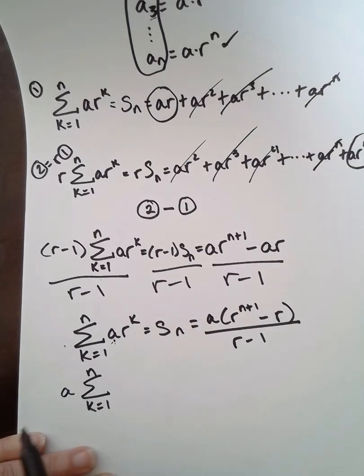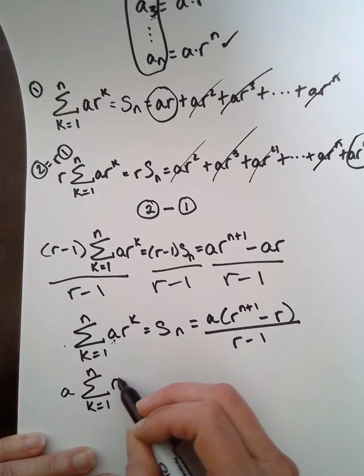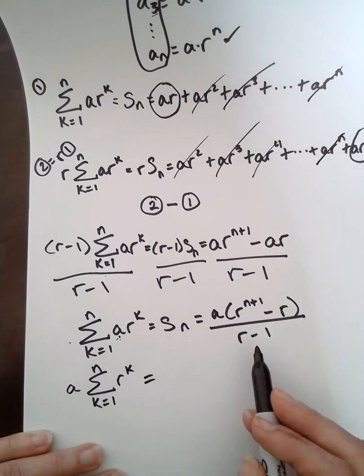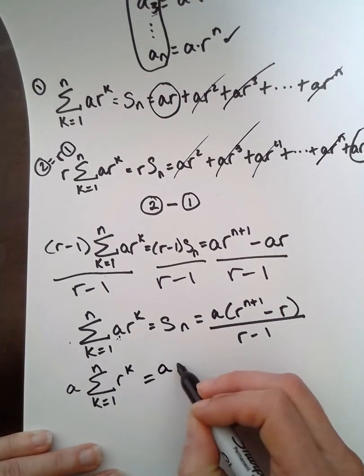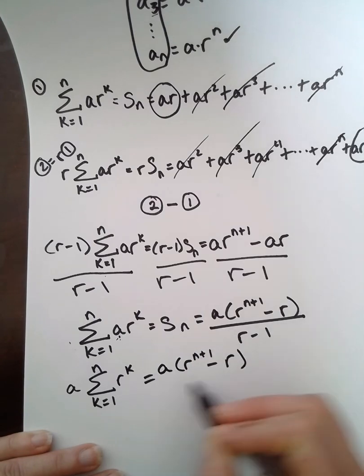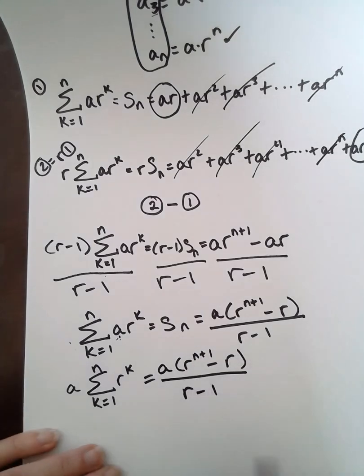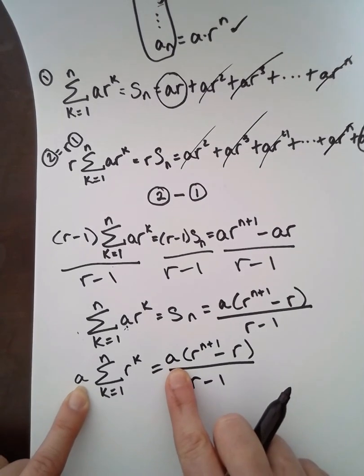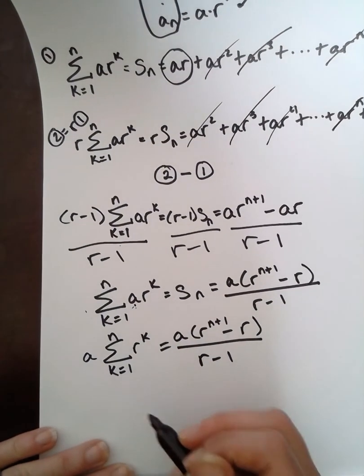So this would be r to the k. Let's look at the other side. Notice that you have a factor of a on each side of the equation, so those will divide out.